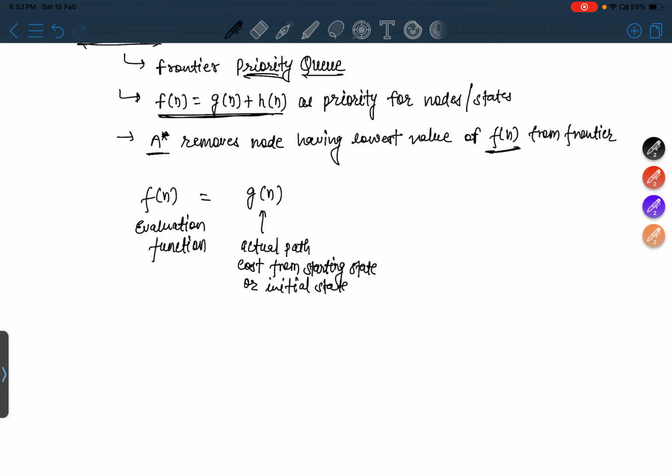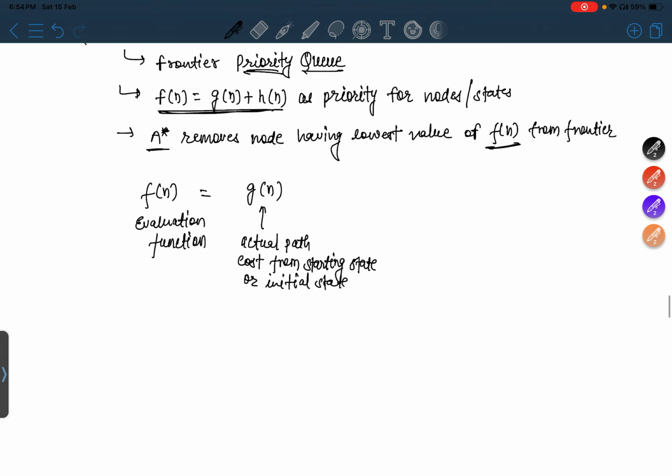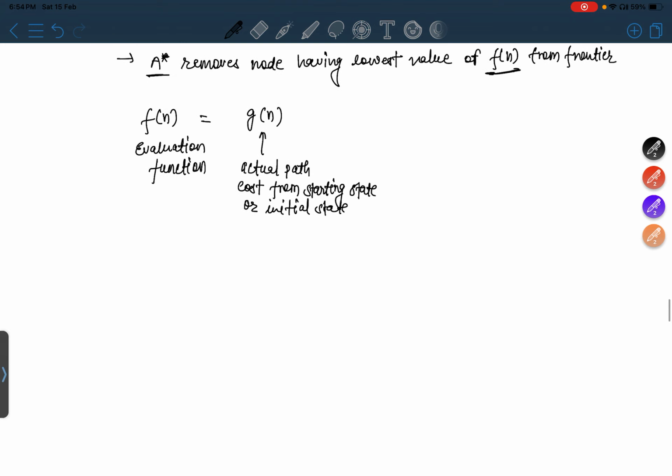So you need to be careful while calculating g of n for any node, since it's an actual path cost. That means it is the sum of the costs of all the actions that your AI agent has taken from the start state to reach the current node. The sum of these costs is g of n. Right, we discussed this in a very detailed manner while discussing UCS.